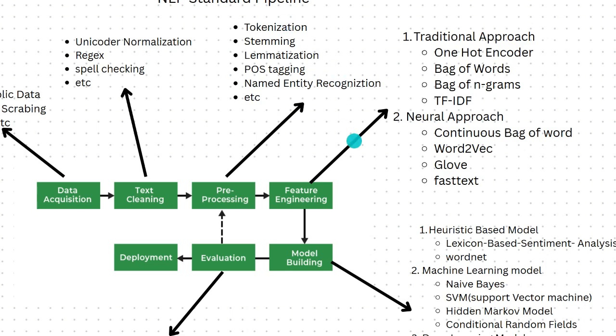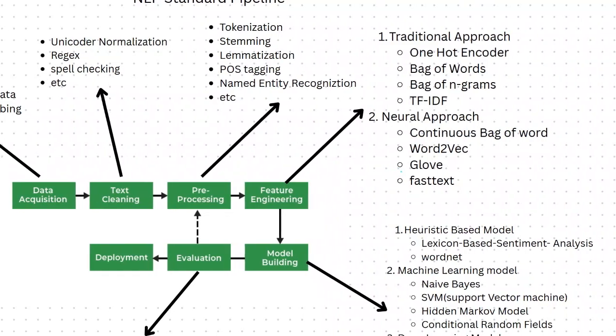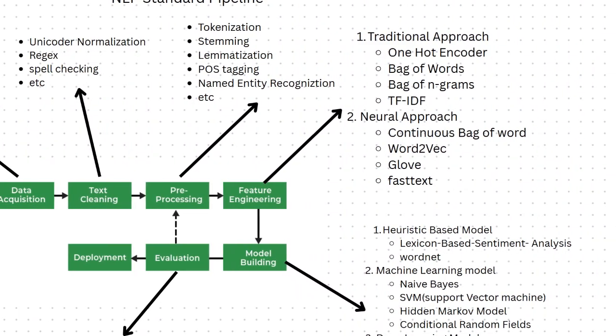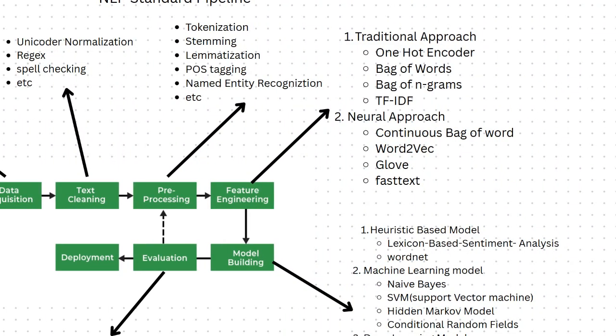In the next part, which is feature engineering, we can also call it vectorization of the input. In this process we transform the data in text form into numerical vectors. We can use different approaches: a deep learning or neural approach, and also a traditional approach.